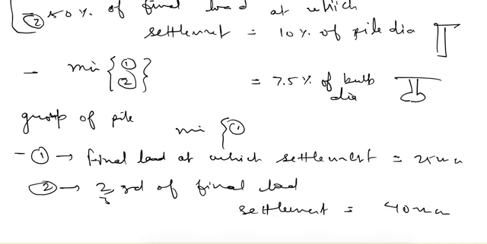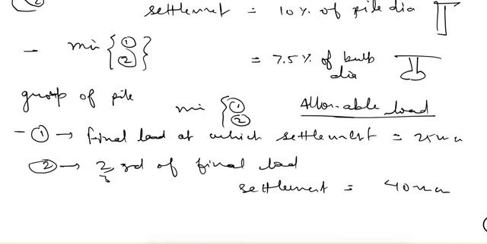So the minimum of these two criteria will give us our allowable load capacity of the pile. That way we can find out the allowable load capacity.